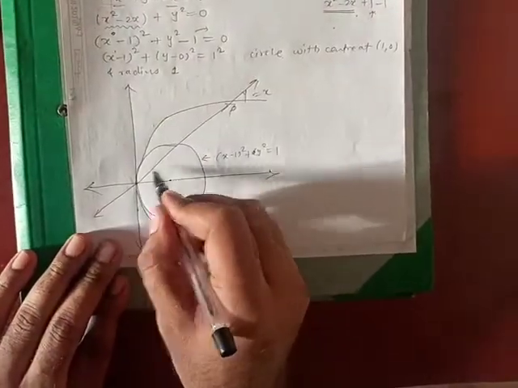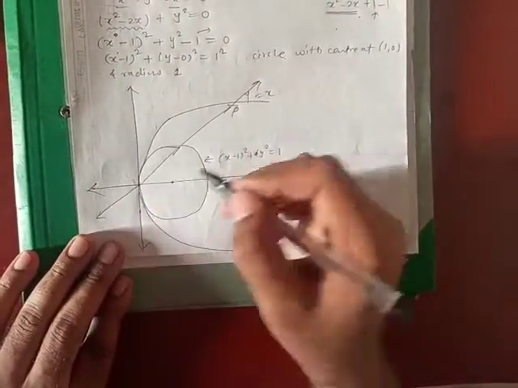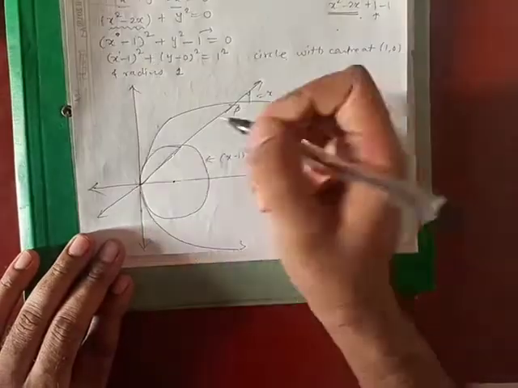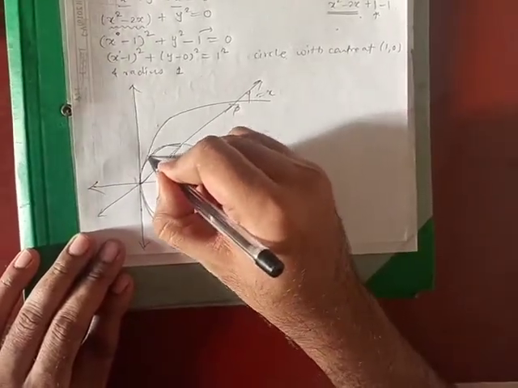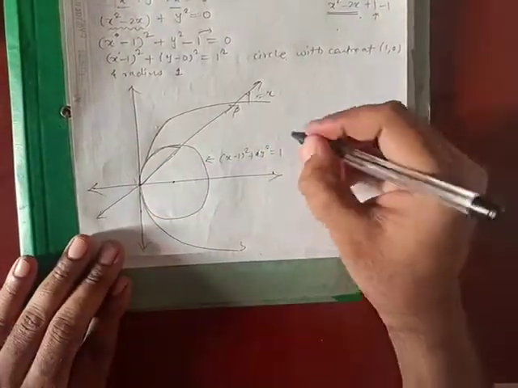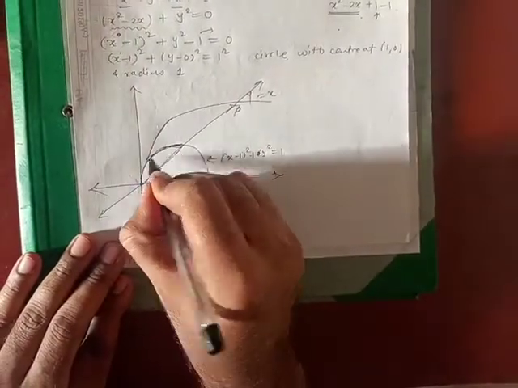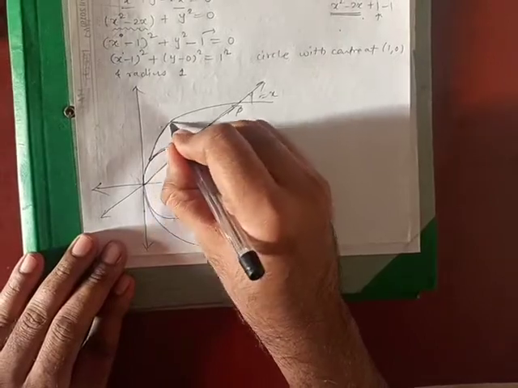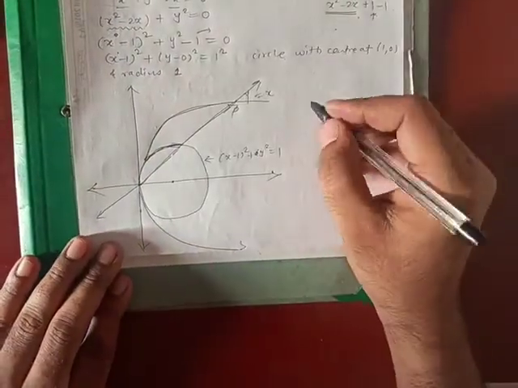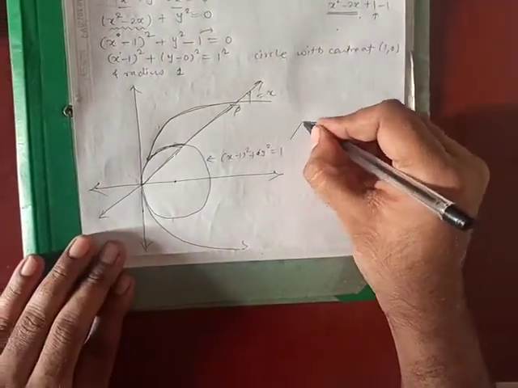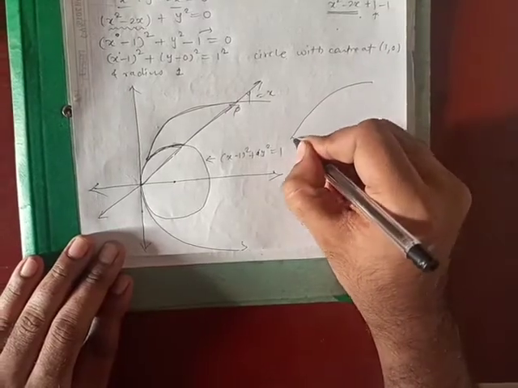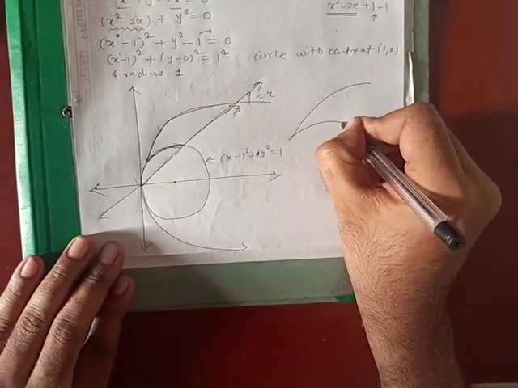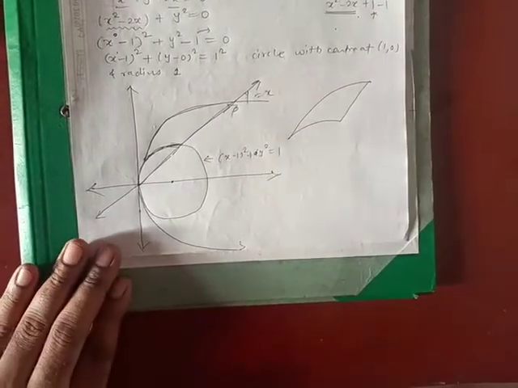First of all, this line, then this circle and this parabola. So the region will be this one, this, then this, and the last one, this one. If I draw this separately, this will be somewhat like this, like this.